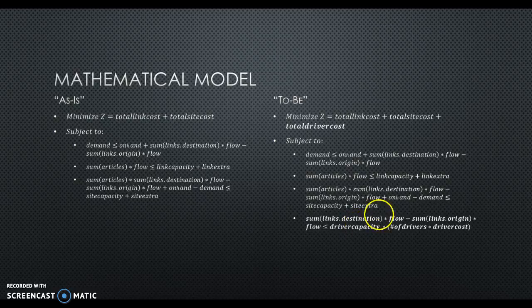Because my cost is my mileage, I multiply my mileage by how much I pay a driver per mile, and then that's times flow. Let's say I drive 20 times and it's 700 miles, then 20 times 700 is 14,000, times 0.3 is what I'm paying per mile for a driver cost. So that's kind of what I've done in my constraints.